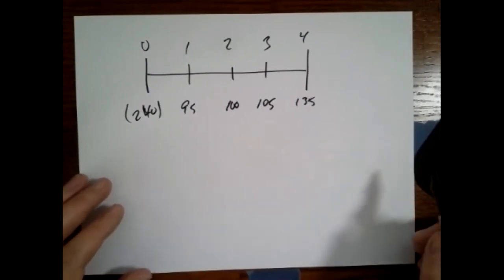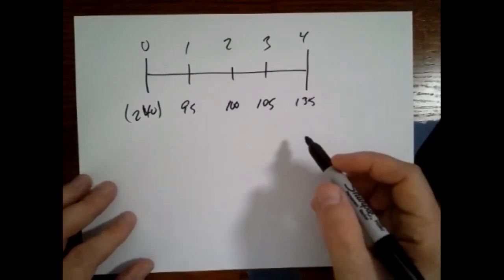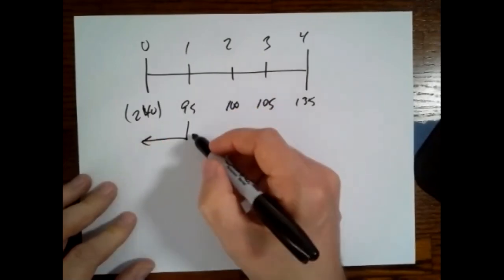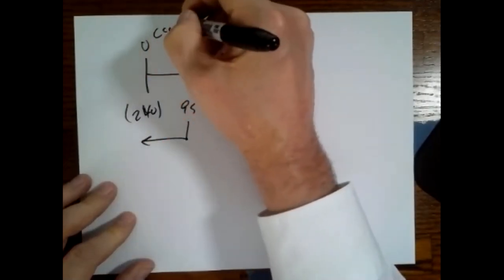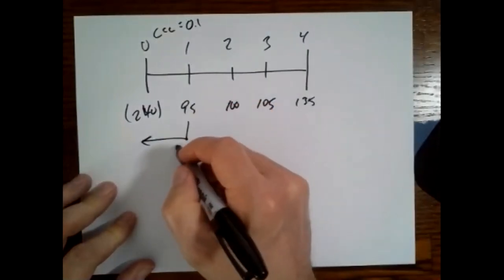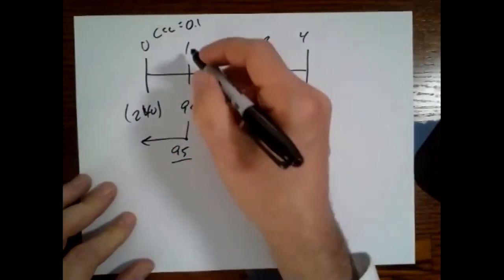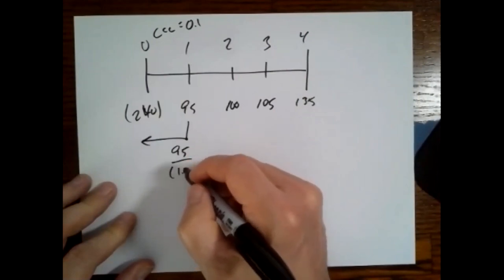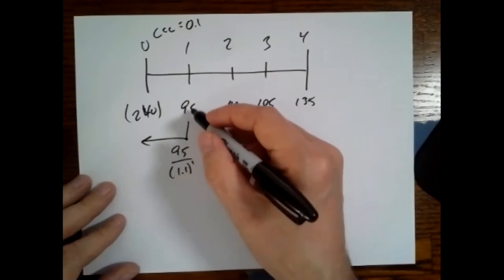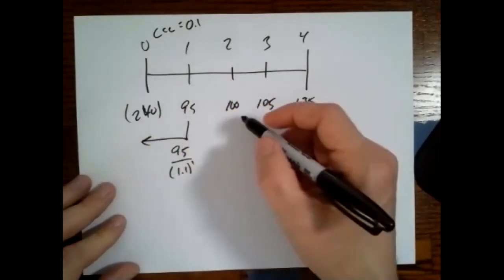Those are our cash flows. And so with NPV, what we do is we say, okay, I'm going to bring this 95 back, and my CCC is 10%. So I'm going to bring that 95 back to the present by dividing it by 1.1 to the first power. And that brings this 95 back to what it's worth at time 0.